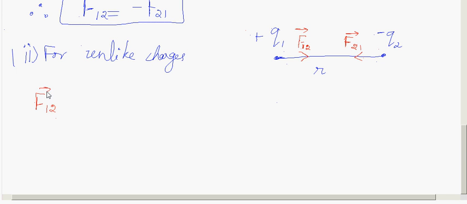F12 is 1 by 4 pi epsilon naught into Q1 Q2 divided by R square into R21.